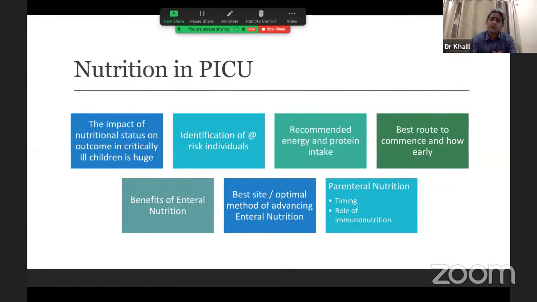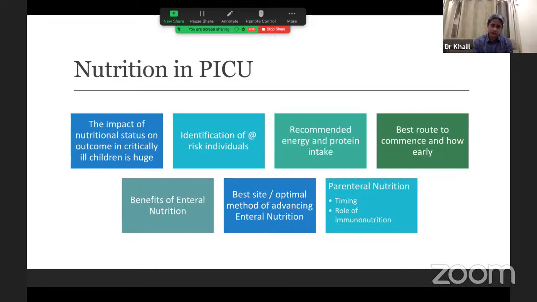So the recommended energy intake. Ideally we need measures to calculate the energy requirement, but most of us don't follow those theoretical things like indirect calorimetry or so many formulas and equations. But you should try to follow the guidelines and the RDAs, the recommended daily allowances, which give the energy requirement for both macro and micronutrients for healthy children.